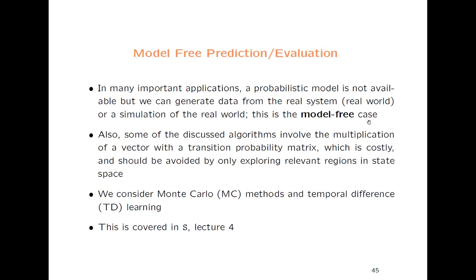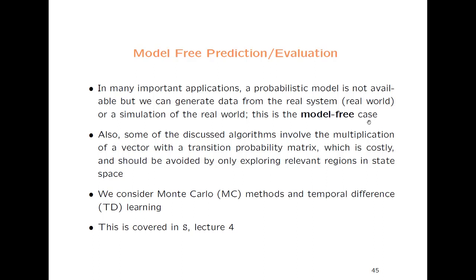Also, some of the discussed algorithms involve the multiplication of a vector with a transition matrix, and this is costly and should be avoided, and the trick is to only explore relevant regions in state space. So the number of states can be quite large, and the transition matrix would be then the same dimension as the number of states.